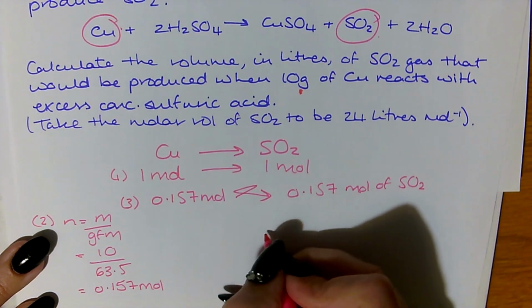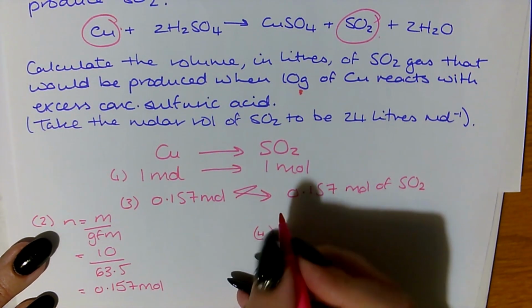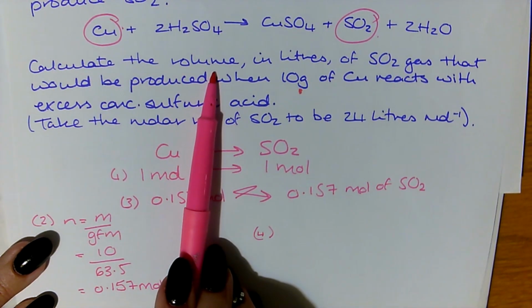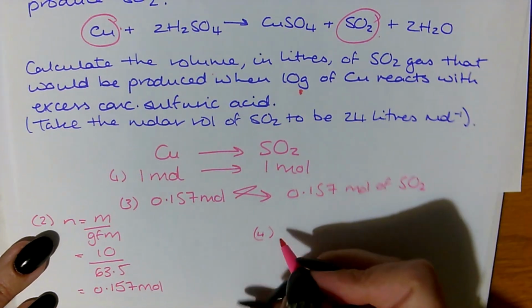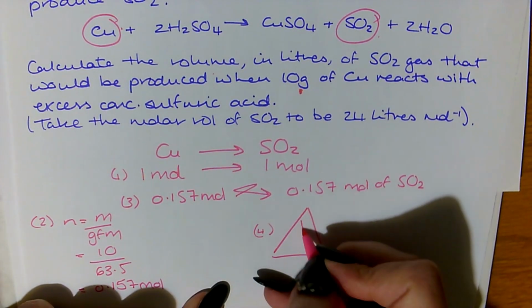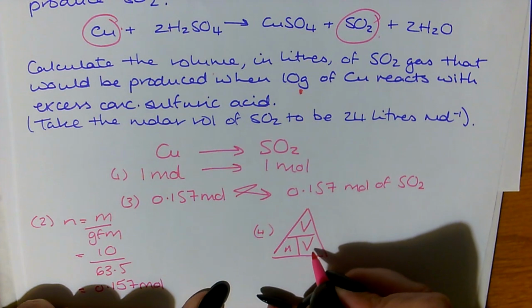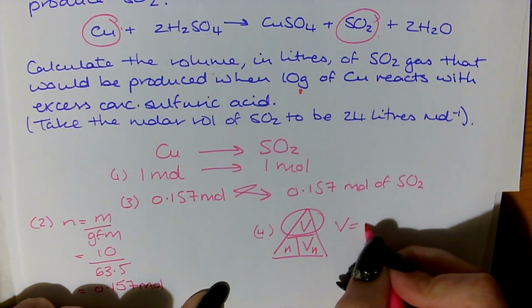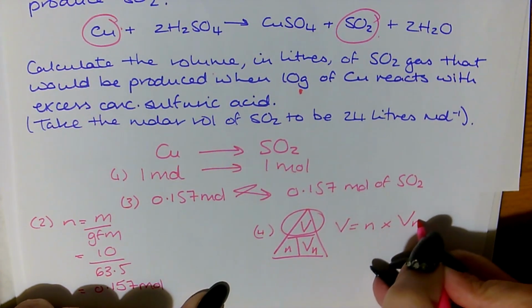Now step 4 is answer the question. What is the question asking you to calculate? Calculate the volume produced. So if we look at our triangle, it's asking us to calculate the volume. So we're going to have to do the number of moles times the molar volume.